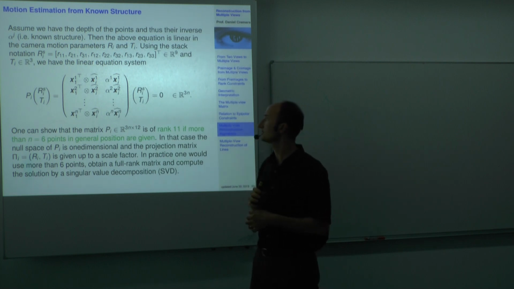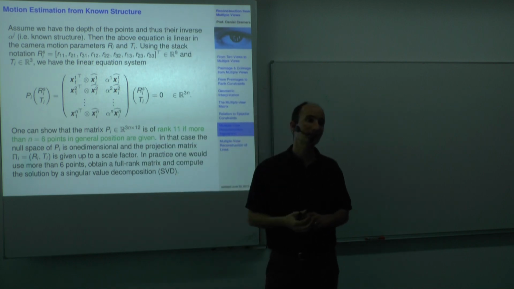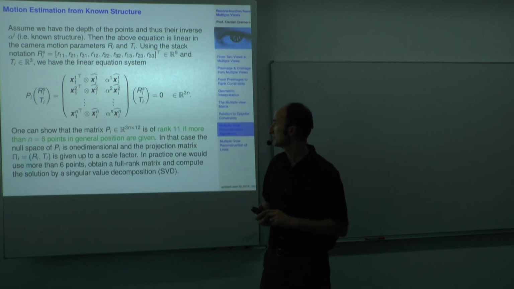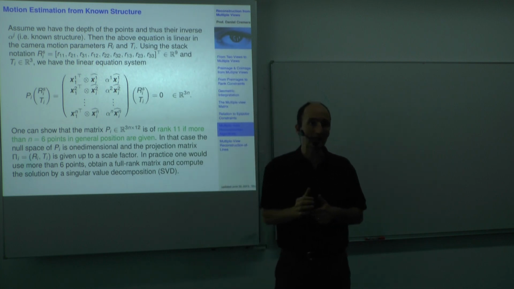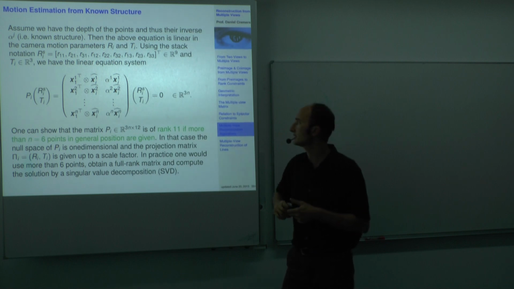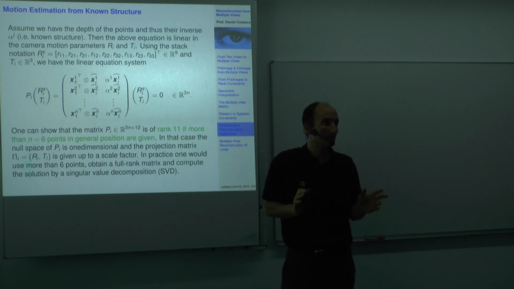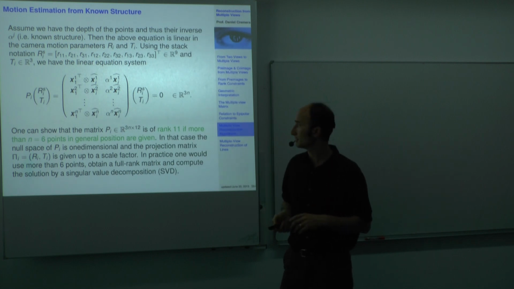And that is the reason that only for n larger than 6 do you get rank 11. So it's much like in the 8-point algorithm. There we said that we need 8 points to have that one-dimensional null space. Here we get away with 6 points. So that's actually better. In some sense, we need fewer points in these M images.